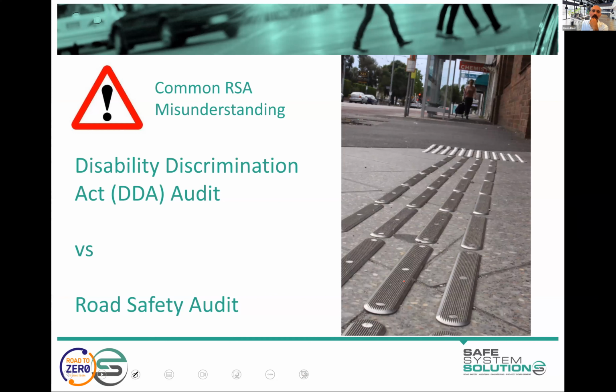So I put this in, this is a bit wider, and New Zealand has some different operating, but some jurisdictions have actual legal requirements for checking accessibility, tactiles and the like. Road safety audit technically doesn't do that.